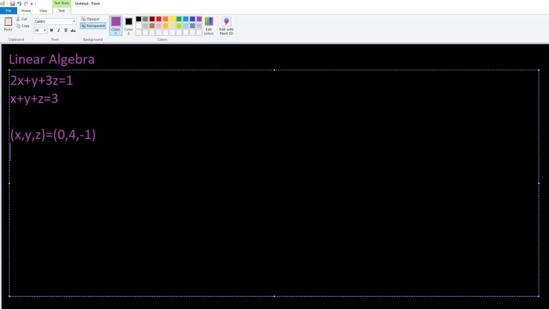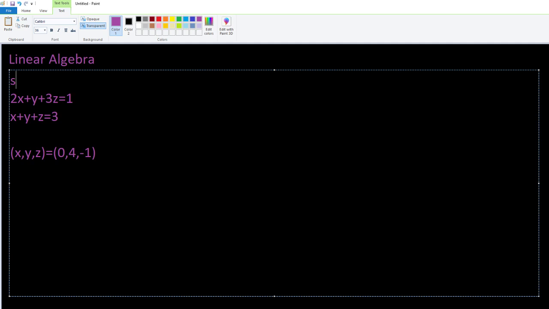So let's say we have a system of linear equations here. That means that this vector has to satisfy not only this one, but also this one.